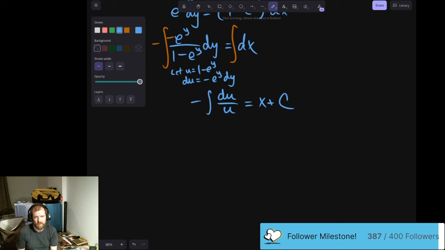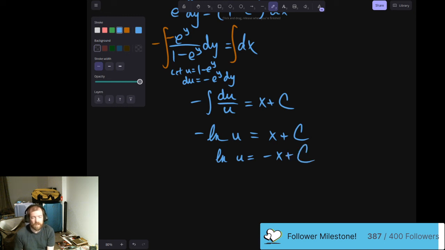Negative integral du over u is a negative natural log of u equal to x plus c. Give the negative over. So natural log of u is equal to negative x plus c. Again, just an arbitrary constant, so if it gets negated, you can leave it just as c anyway.